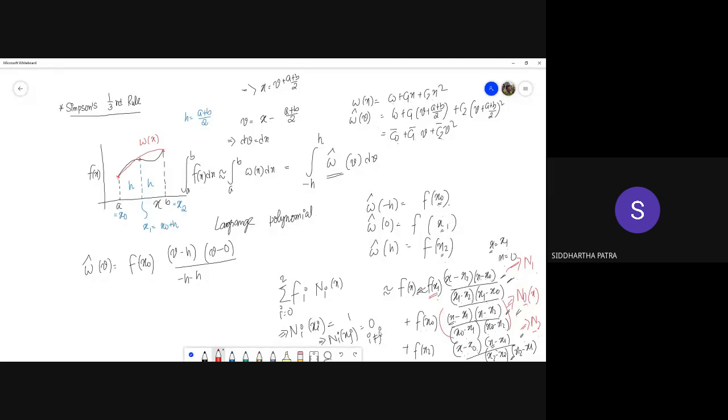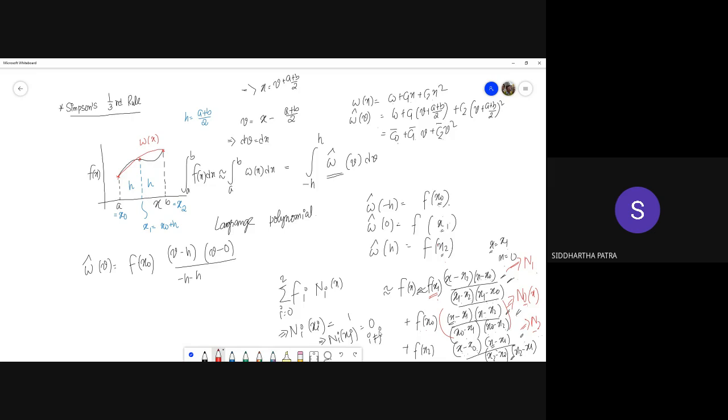Okay, so what we are doing is we are taking the values of the function at these three distinct locations, and to each of these values we are multiplying a shape function, a polynomial in x, which has a value of unity at the corresponding x value, and at the two other distinct x values it would be 0. In between, it can take any other value.